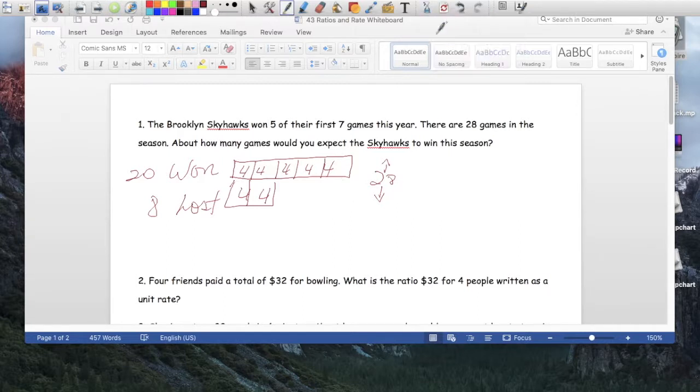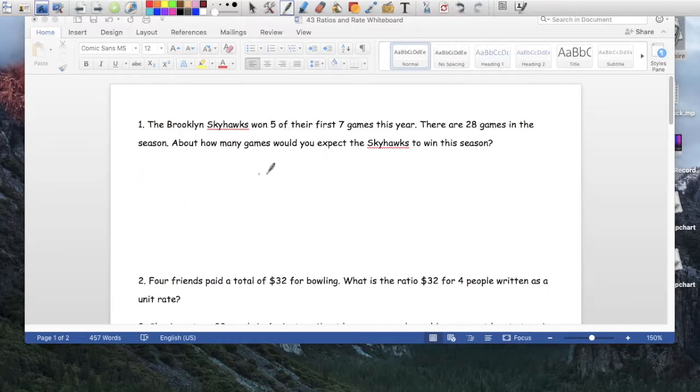Another way of doing this is to make columns: win, lost, and total. So if I make something like this, I can write that they would win 5, they would lose 2, and that column should be called the total.